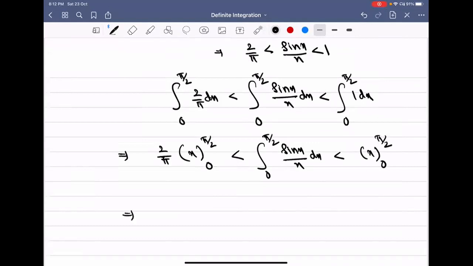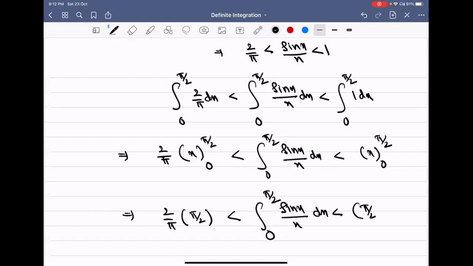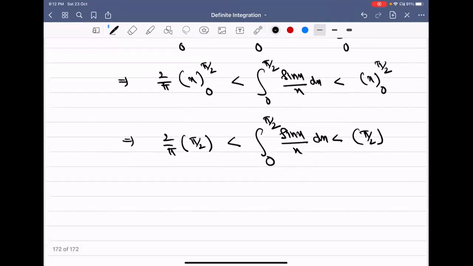So this implies 2 by pi into pi by 2 is less than integration of 0 to pi by 2 sin x by x dx is less than pi by 2 minus 0, which is pi by 2. Pi cancels, 2 by pi by 2 cancel. Therefore 1 is less than integration of 0 to pi by 2 sin x by x dx is less than pi by 2. So this is what we need. Hence proved.